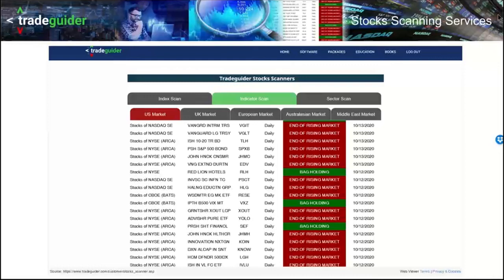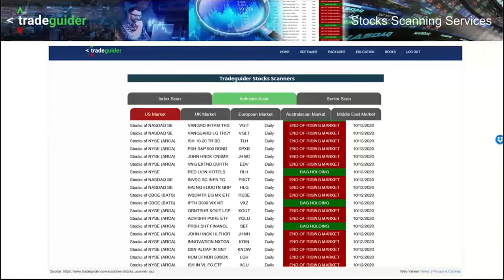How are we scanning them? We are scanning them on daily and weekly charts. If we are talking about daily charts, then we are scanning them, of course, on a daily basis. And at the moment, we are covering approximately 15,000 stocks on different markets, which cover the US, Canada, and the UK. Am I right, Richard? Yes, that's right.